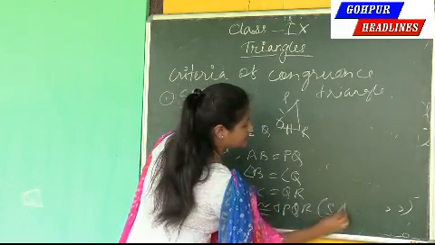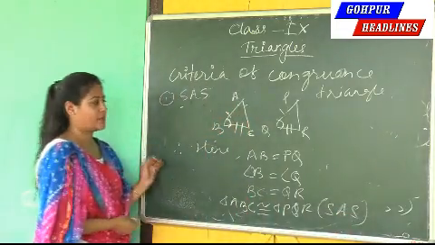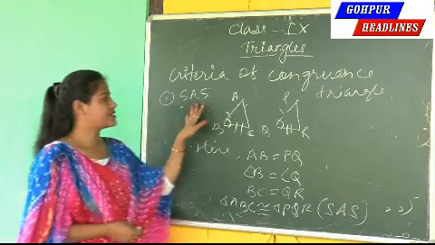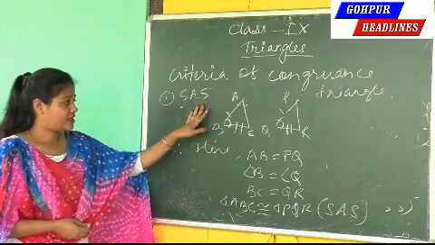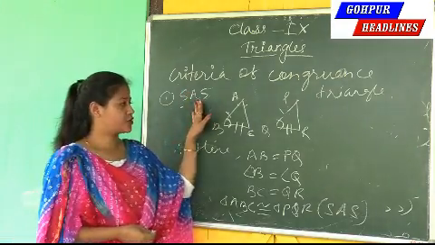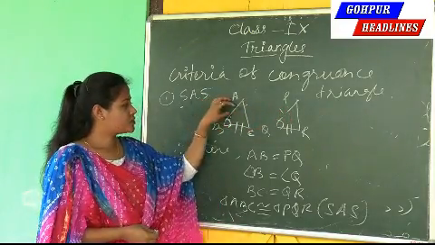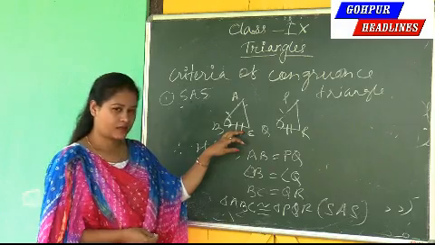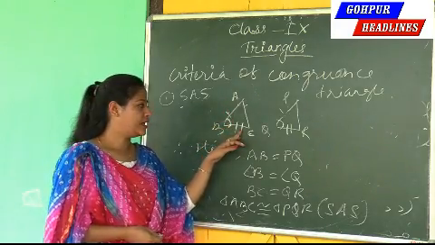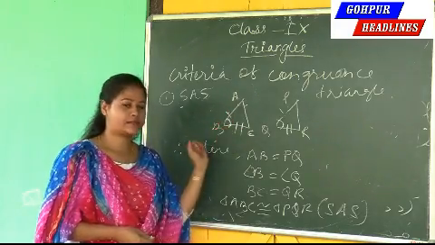This is the side, angle, side criteria, where two triangles are said to be congruent when two corresponding sides are equal, as well as the included angles.